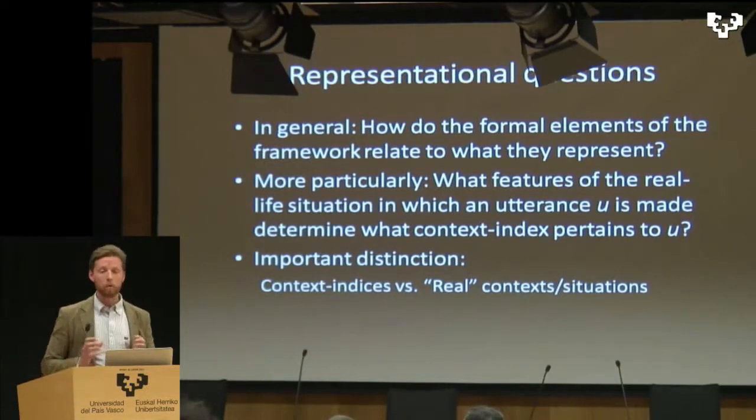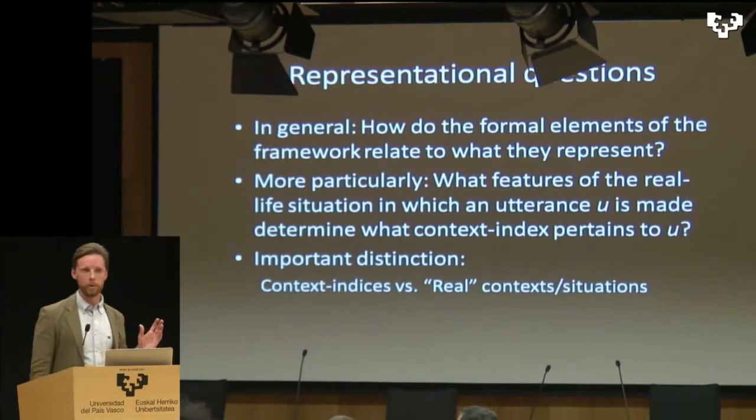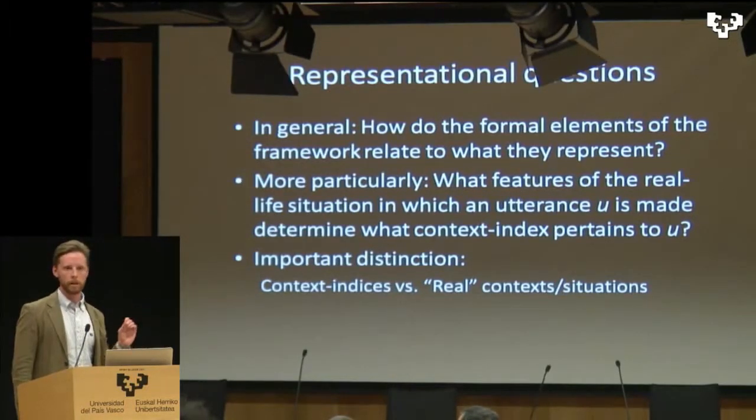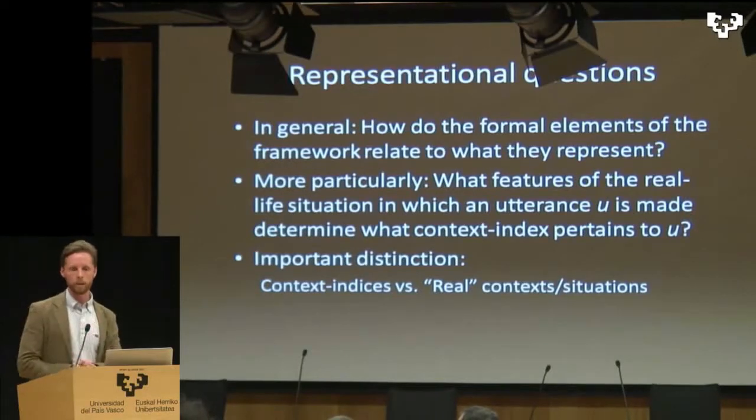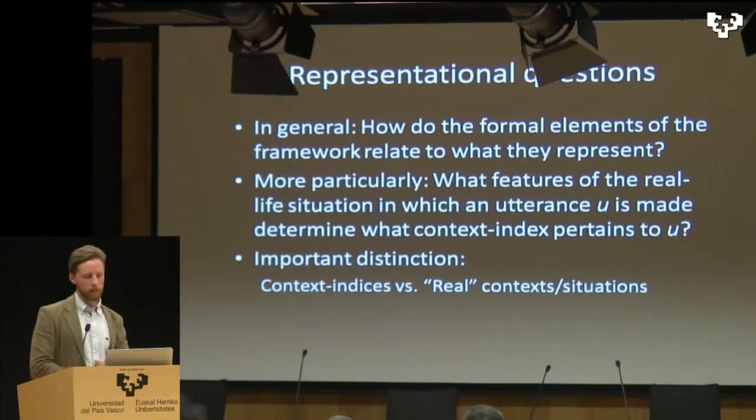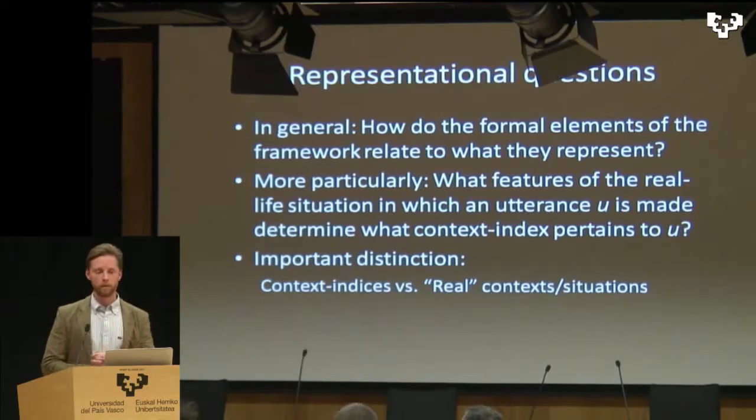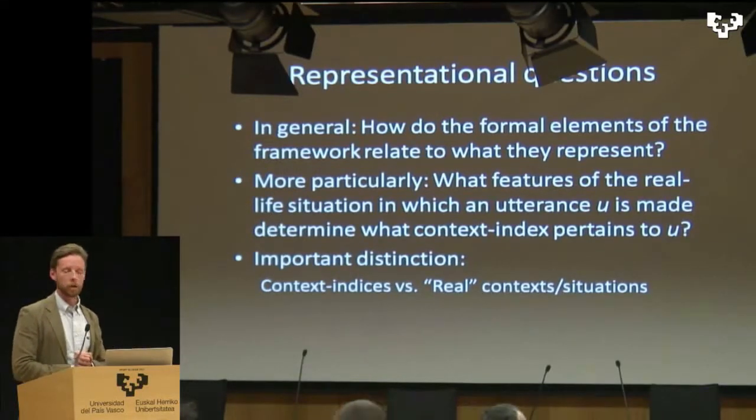I think we should uphold this distinction and instead focus on the question about the relation between this representation in the Kaplanian framework and what it's supposed to represent. So that's the representational question. What features of the real-life utterance situation determine the context index?